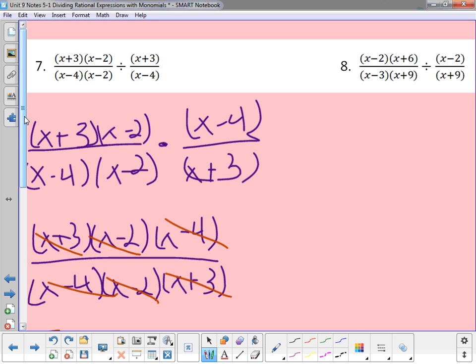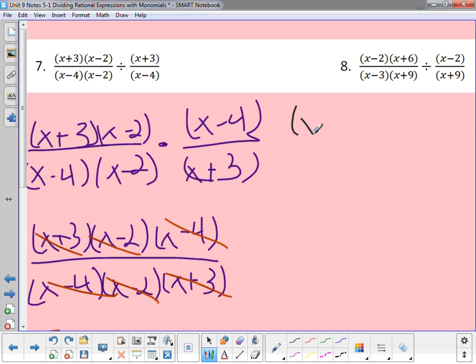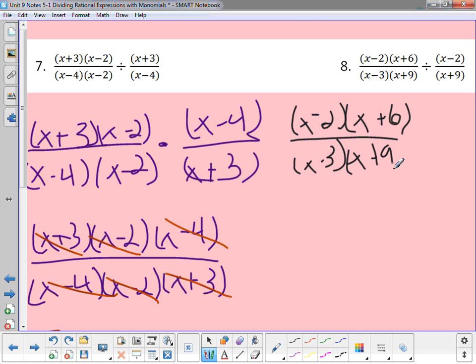Okay, let's take a look at number 8. For number 8, first thing we want to do is x minus 2, x plus 6, and then x minus 3, x plus 9, and then I want to flip that second fraction so that x plus 9 is on top and that x minus 2 is on the bottom.